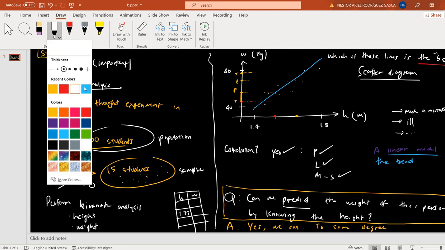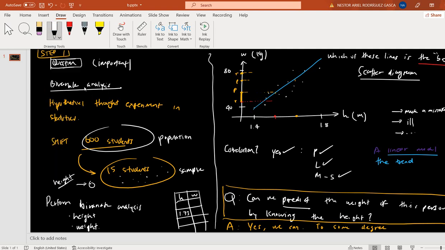Now imagine all the errors between these points and the line. I'm gonna put that in red. So this is the error for this point. This is the error for this point. Error, error, error, and so on for each of them.